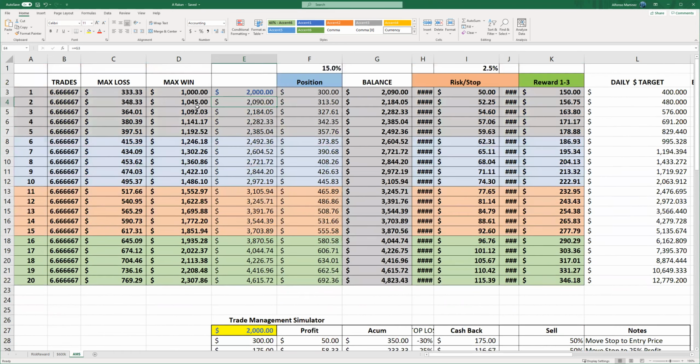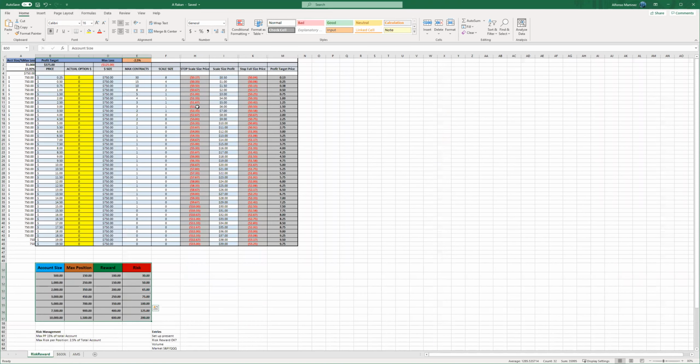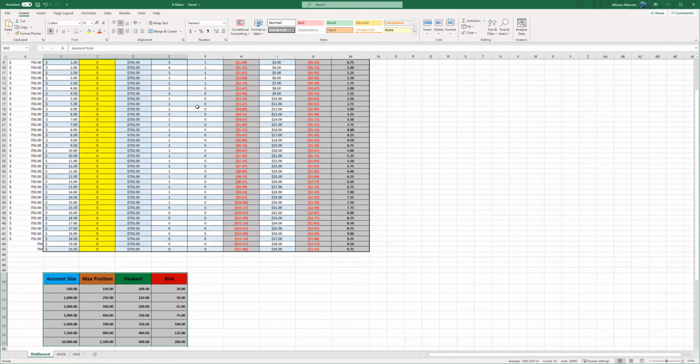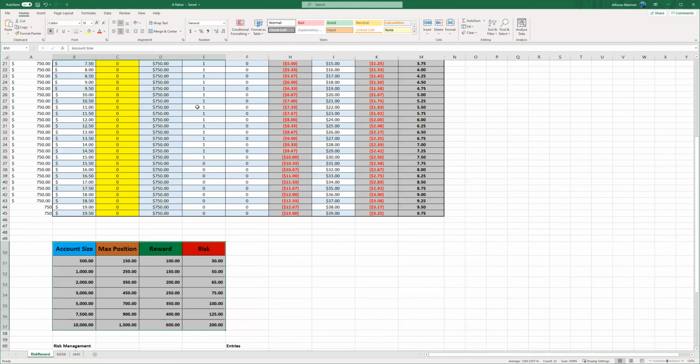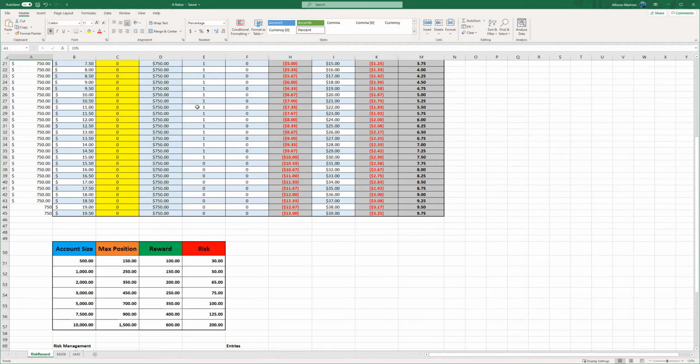This Excel is available in Circle. What I'm going to give you here, guys, is something I did for you as well. For example, you have a $2,000 account. You're going to risk 350 to make 200.